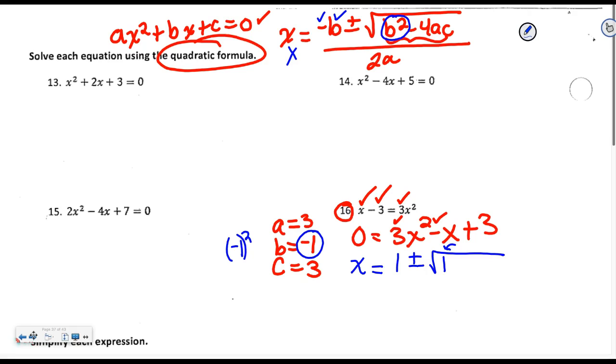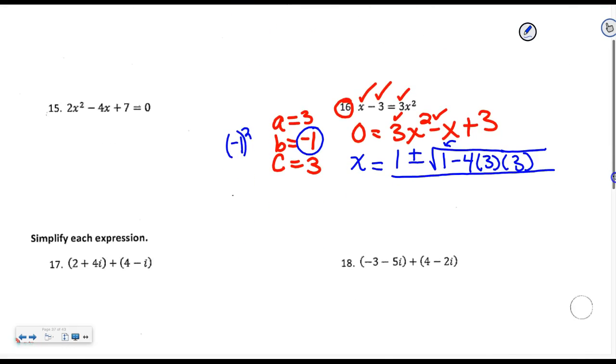So that'll be b squared minus 4 times a, I like to use parentheses, times c, all over 2 times a. And my a is 3, so I do mine all over 2 times 3. I like to go take care of what's under this root first.